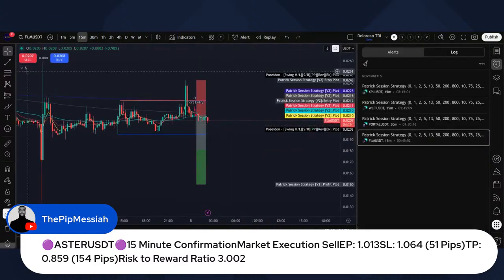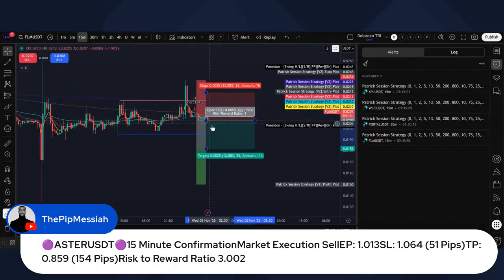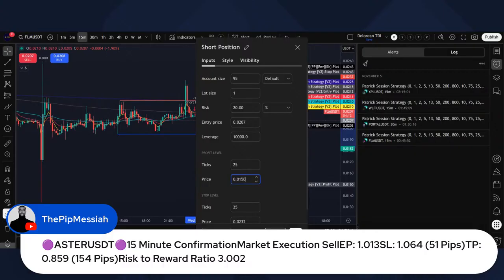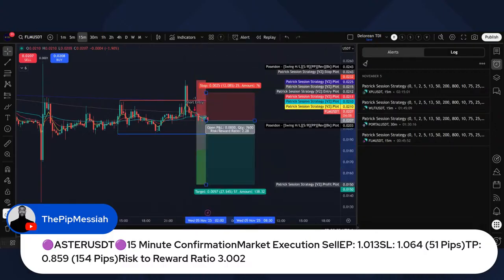Right, we have FLM targeting 0.0150. Entry is 0.207.